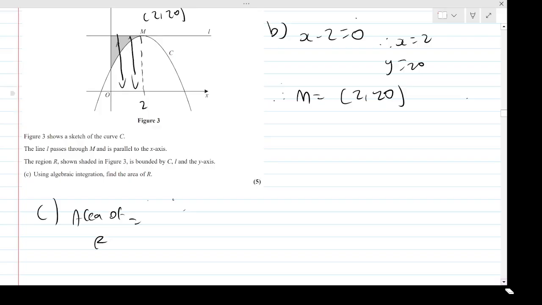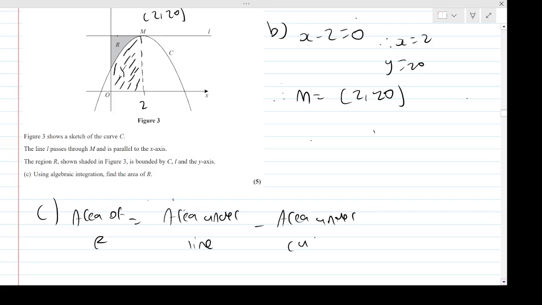You can see here L, so it's going to be this whole region under the line, or area under the line. And then I'm going to take that away. If you think about it, the whole area, I'm going to take away from the area under the curve between 0 and 2, right? Hopefully you can see that. The area under the curve, okay?